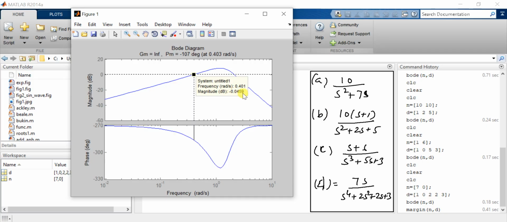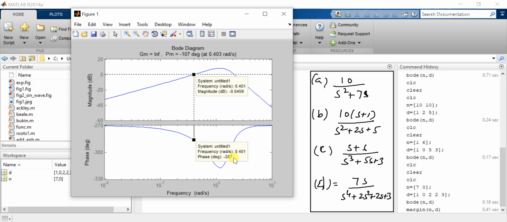So when you divide it using the 1 upon x form, it will give you the value of infinite, and pm is 107. As you can see here, at this particular point the phase angle is minus 280, and when you have to find the value of phase margin, you have to add 180 degrees.